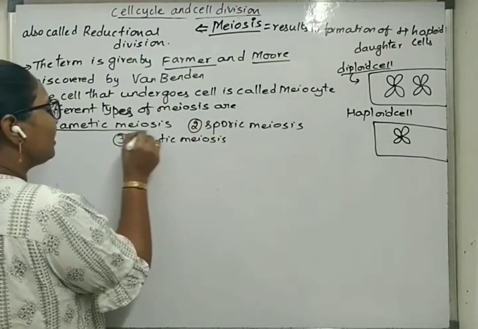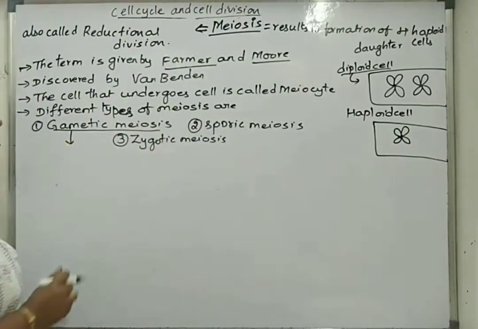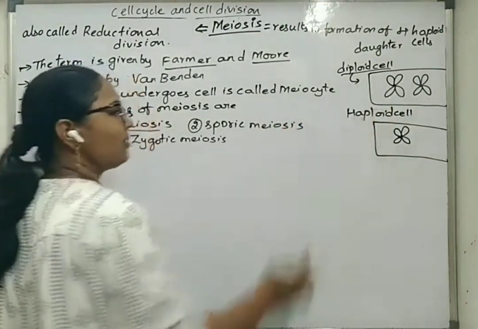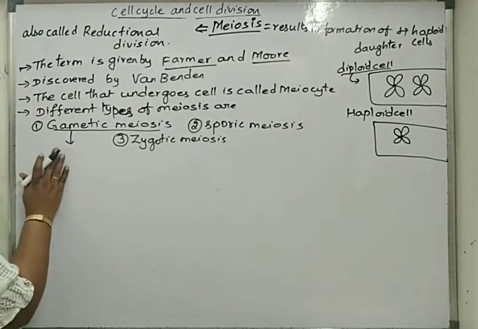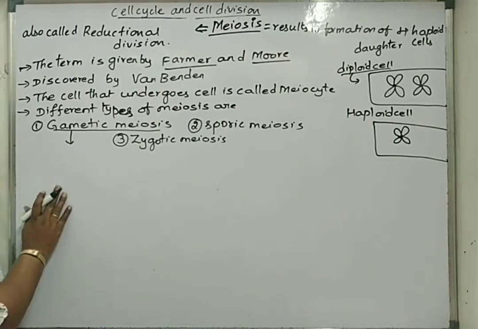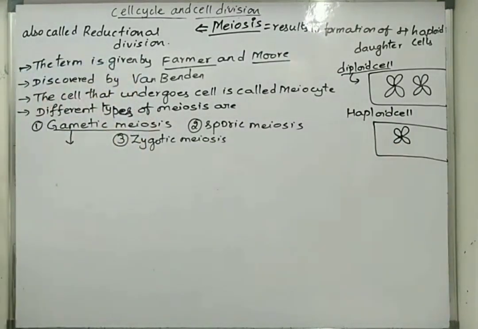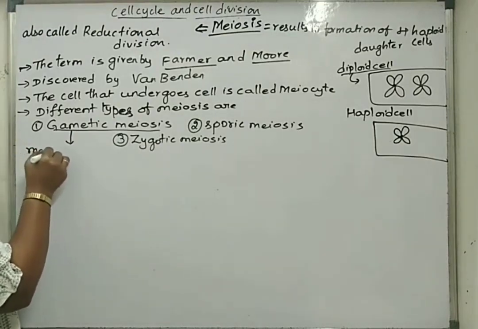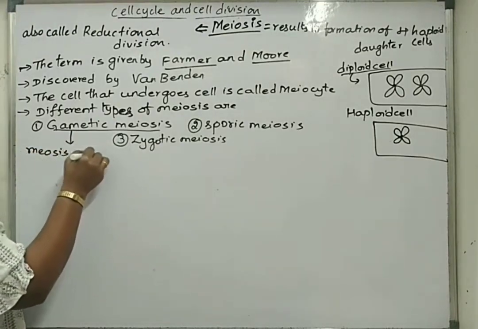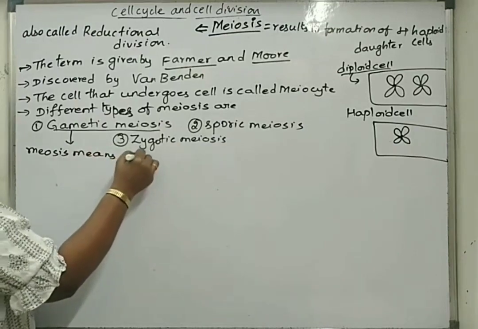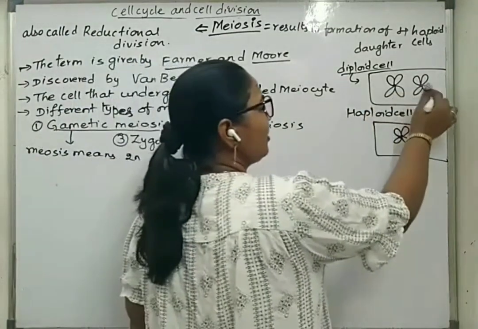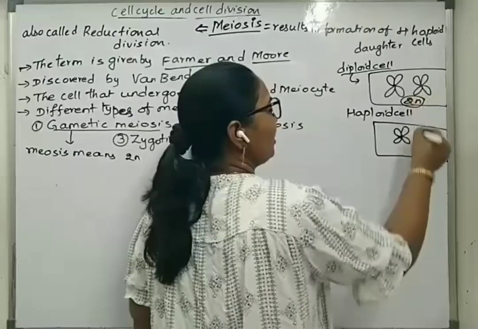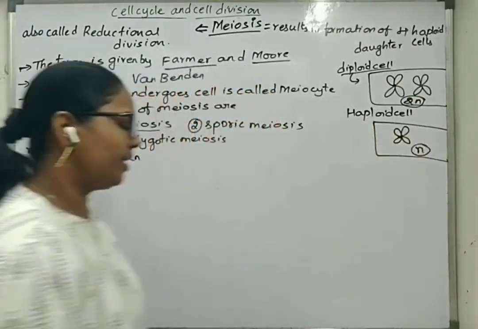Now what is gametic meiosis? Gametic meiosis occurs from a diploid cell which is having 2 sets of chromosomes, and here the obtained gametes will be having haploid number of chromosomes. Here 2 sets of chromosomes are represented as 2n, one set of chromosome is represented as n.